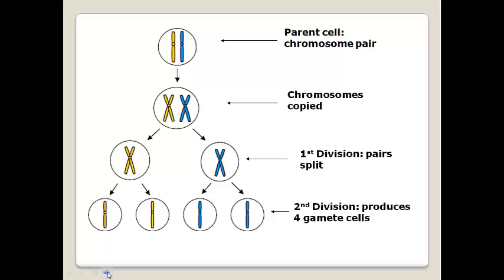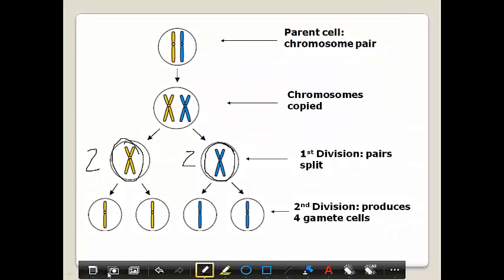In this case now, instead of having 2 in each cell, we only have 1 chromosome in each cell. Here's 2 cells that have a chromosome from dad in them, and 2 cells that have a chromosome from mom in them. Now we've got 1, 2, 3, 4 total gametes.